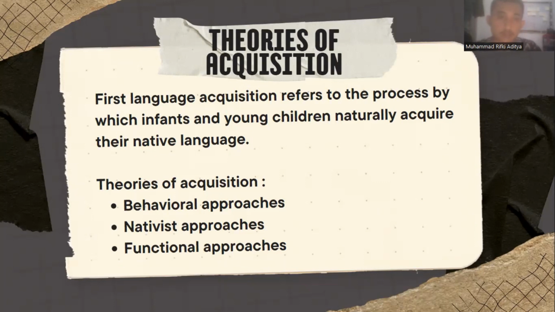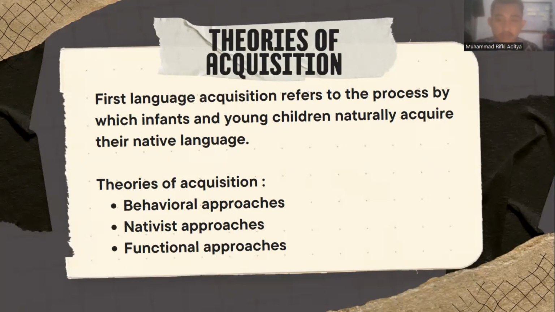The first is the behavioral approach. The behavioral approach believes that language learning is a result of habit formation through conditioning and reinforcement. B.F. Skinner's operant conditioning is a notable example of the behavioral approach. Skinner suggested that children learn language through imitation and reinforcement, but it comes with challenges.